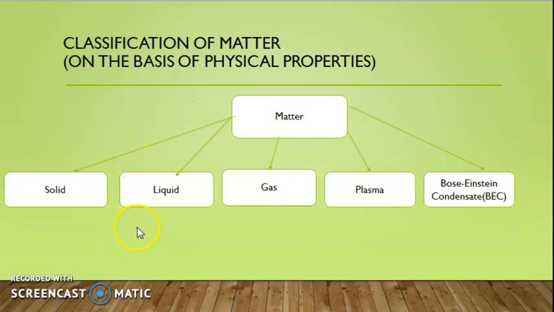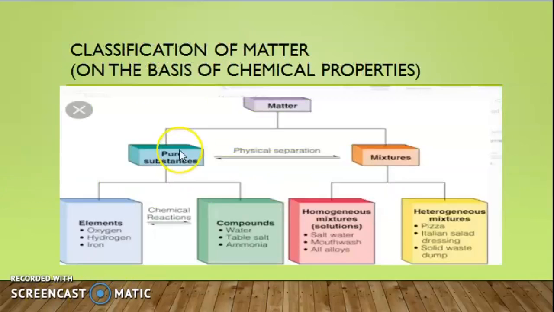Now, let's see the classification of matter on the basis of chemical properties. On the basis of chemical properties, matter is divided into two parts: pure substance and mixture.